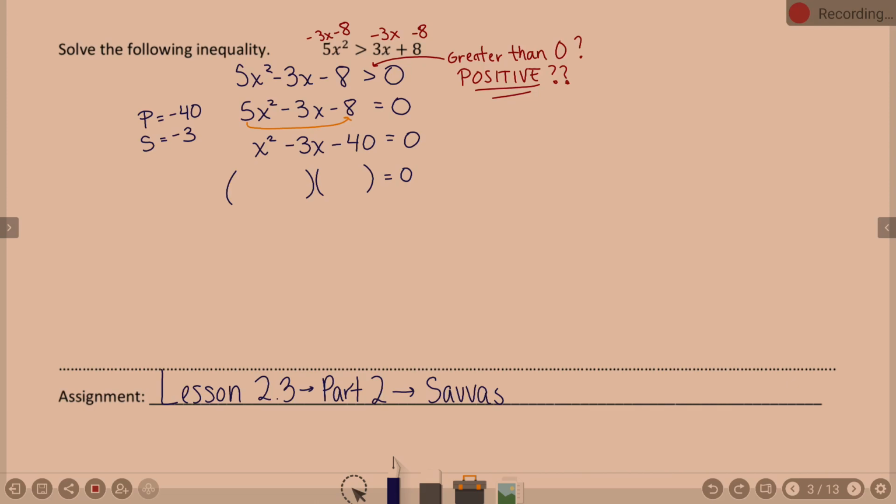Yeah. Somewhere there's a negative in there. Okay. Because it multiplies to be negative 40, you need a negative. Because it adds to be negative 3, bigger number negative. So x squared is x and x. We have a plus 5 and a minus 8.